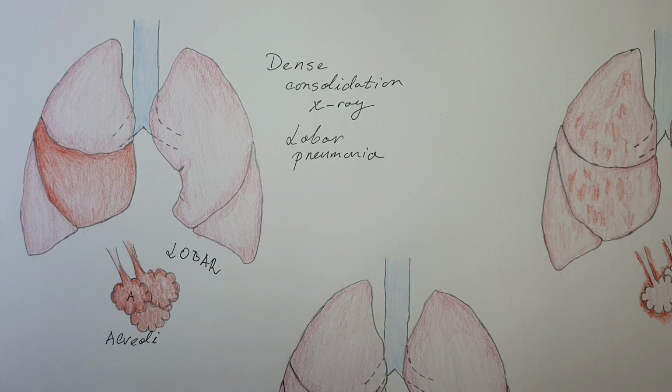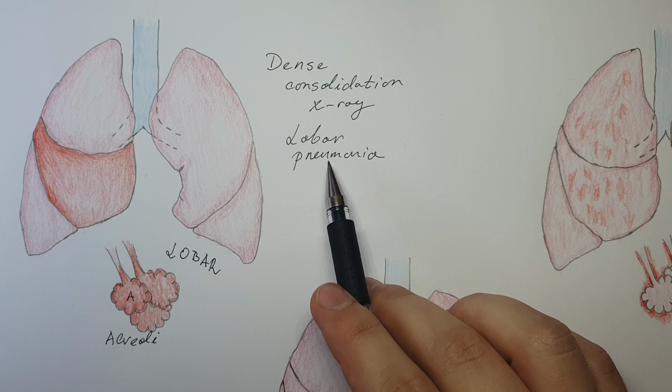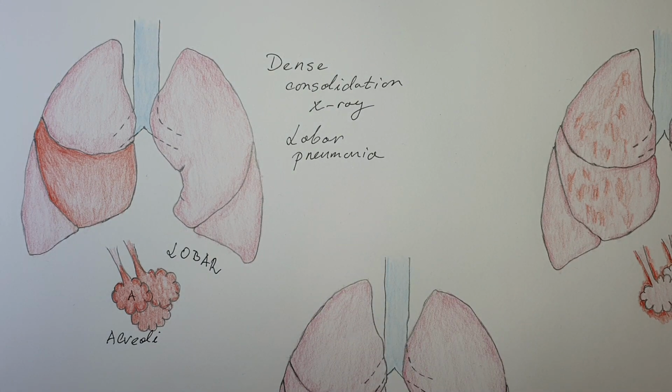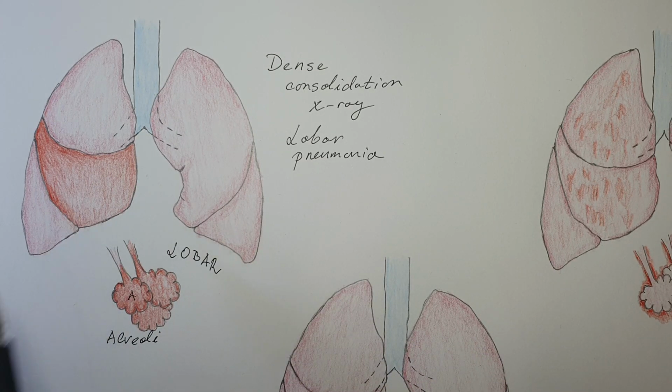And this is how this term is born in clinical practice. So basically, lobar pneumonia covers mostly parts of a lobe of a lung and is affecting the alveoli if we analyze it histologically.